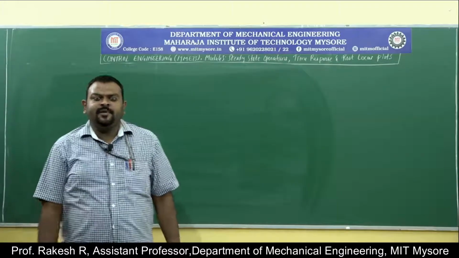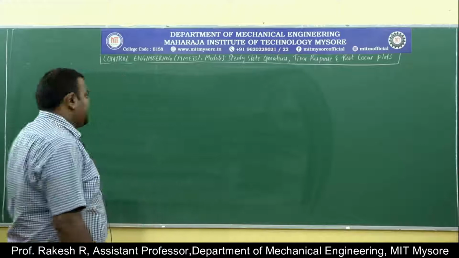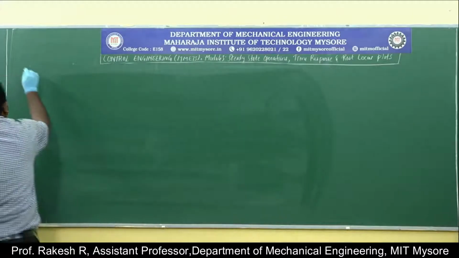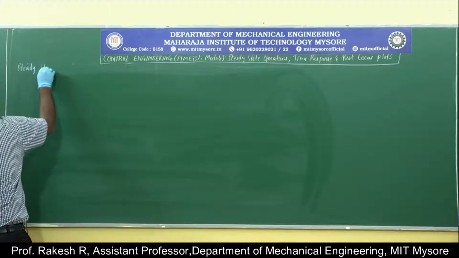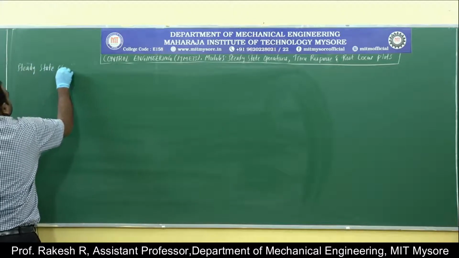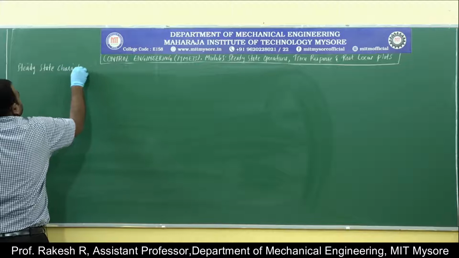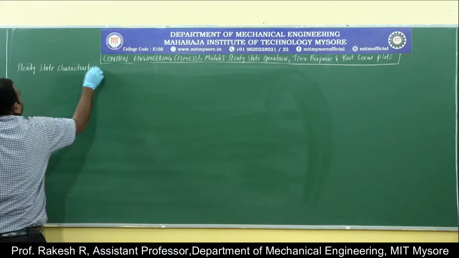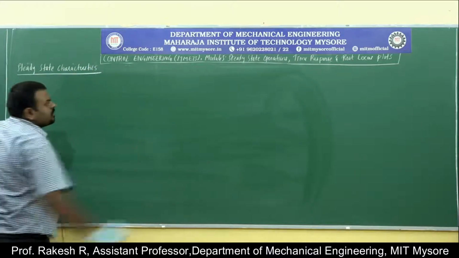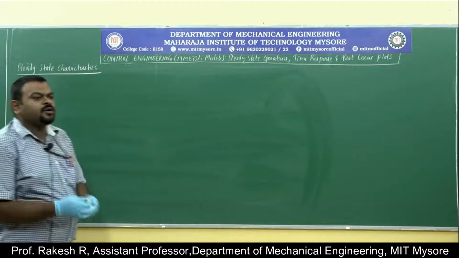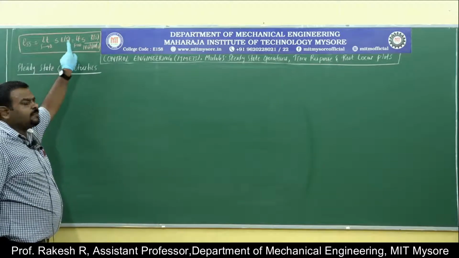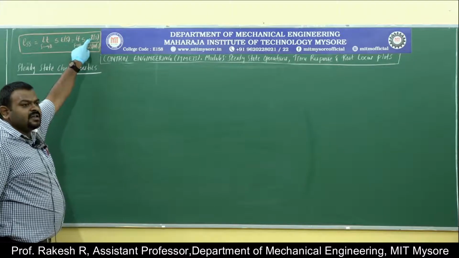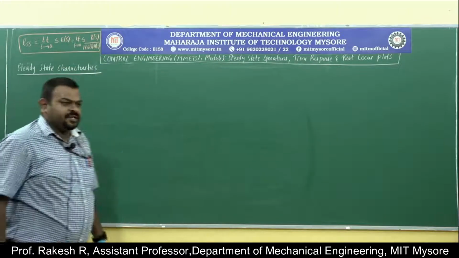Let us see an important topic in module 3, which is steady state characteristics. The same thing, we will recall what is steady state error. The steady state error depends upon the input signal and open loop transfer function.